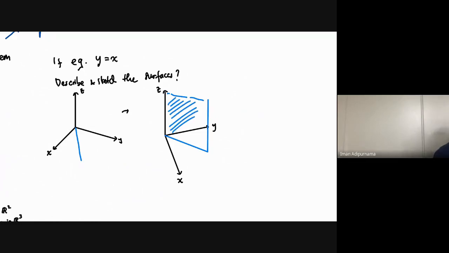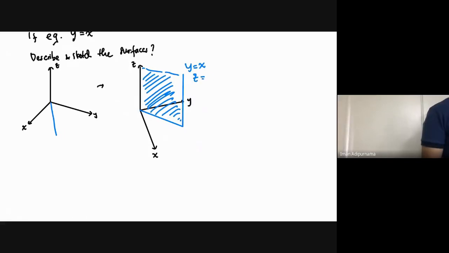So this is the surface. So this is y equal x, and z is actually 0, right? Because we are not defining this z.